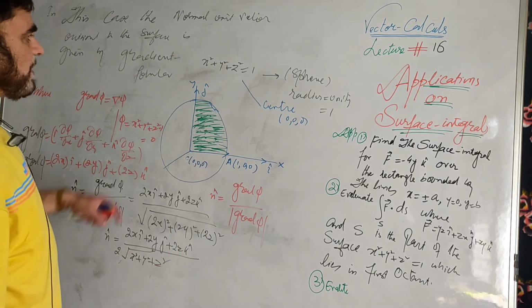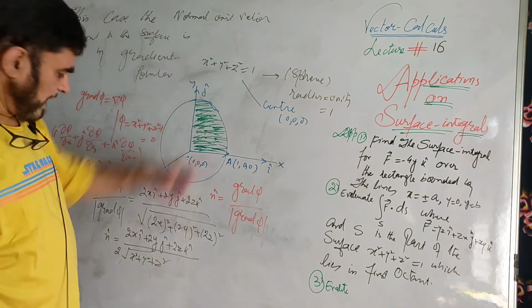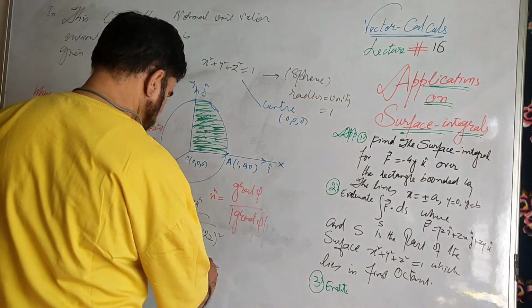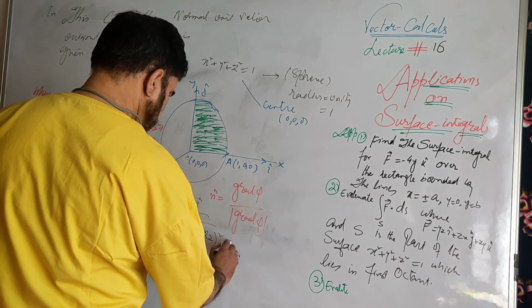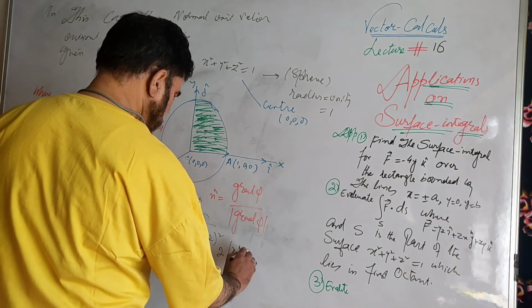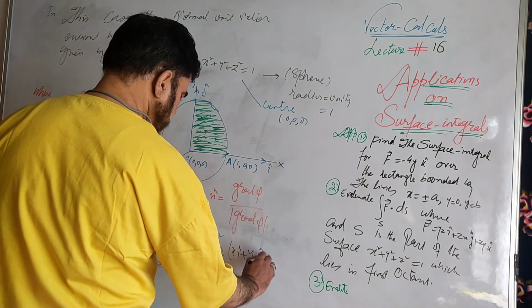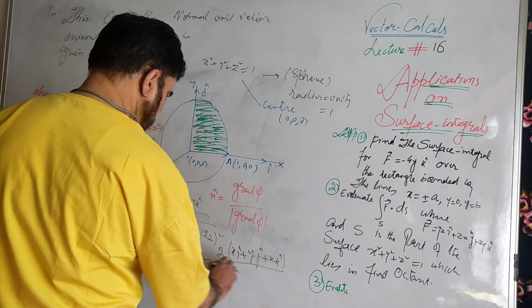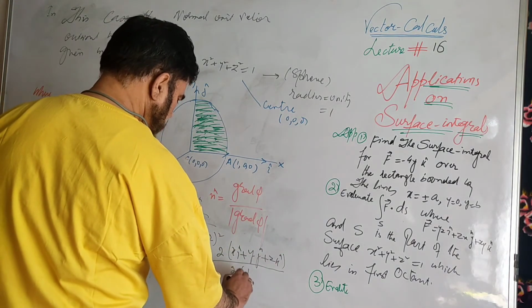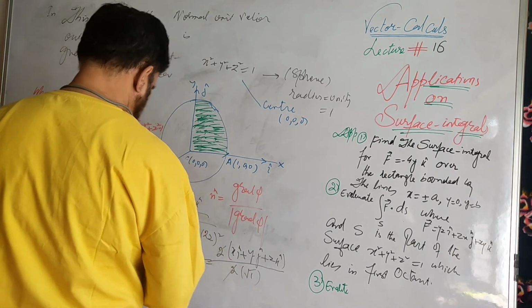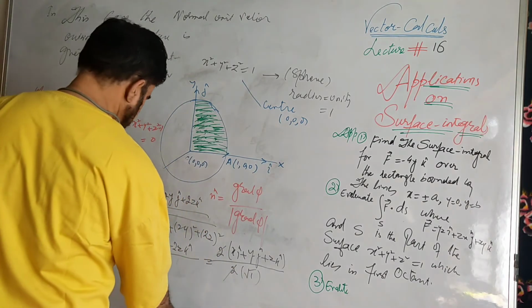What is my x square plus y square plus z square here? 1. I can use this one. This is equal to 2 out, it is xi plus yj plus zk by 2 into root 1. This is only xi plus yj plus zk.